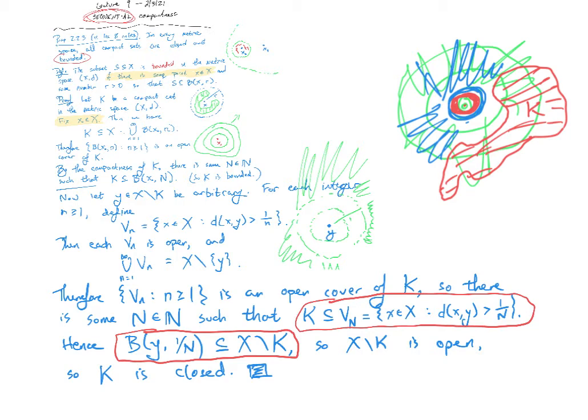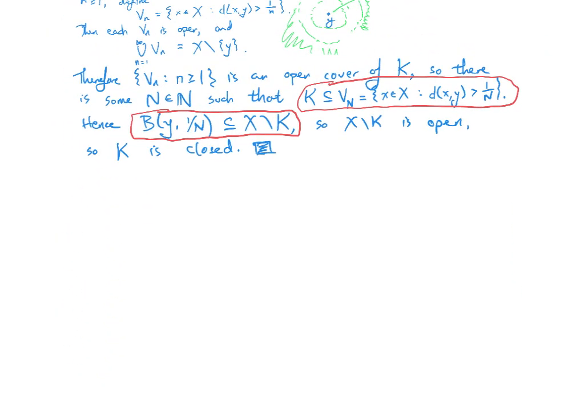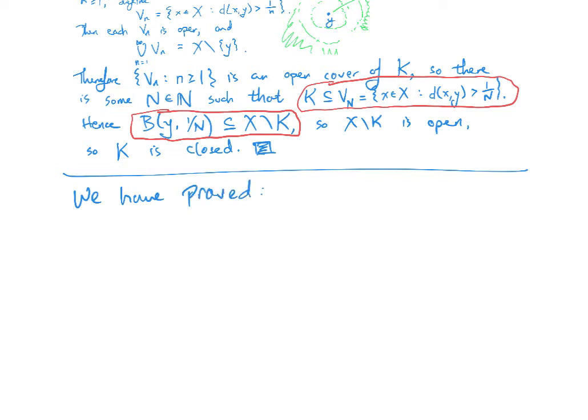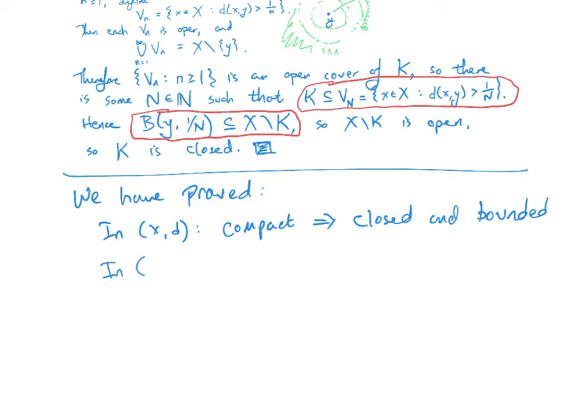We have proved, in an arbitrary metric space, so X,d will always be an arbitrary metric space, compact implies closed and bounded. We've proved in the real numbers with the standard metric, closed and bounded implies compact.